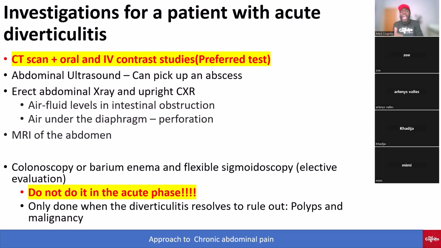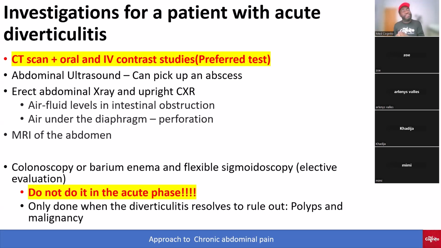By the way, why are we doing colonoscopy in a patient with diverticulitis anyway? We do colonoscopy in a patient with diverticulitis to rule out other conditions like polyps, like cancer. So while the patient is in pain, if the patient has polyps or cancer, it can at least wait for a few days for the pain and everything to settle, right?